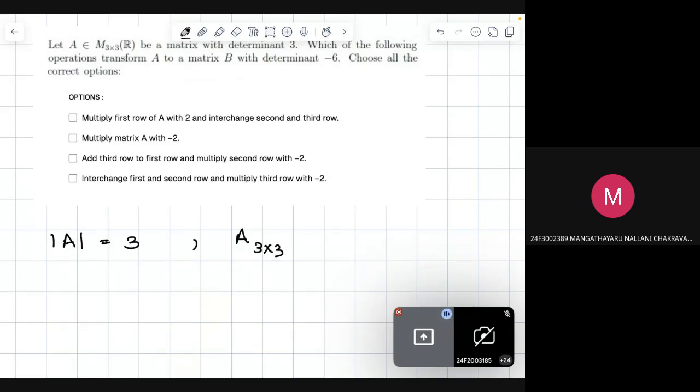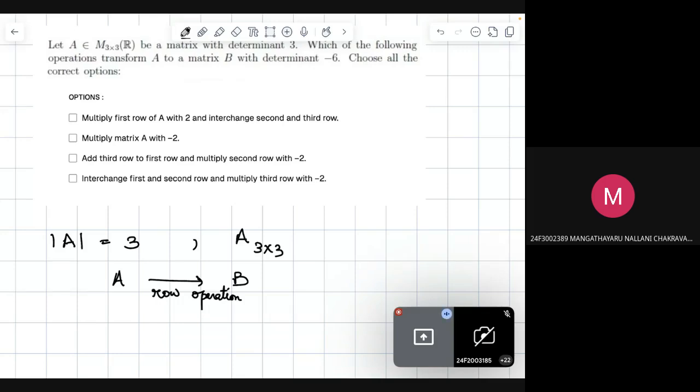So basically we are applying row operations, right? We are transforming A to B using row operations. And what row operation are we applying? So the question is about the operations and how those operations are going to affect the determinant.